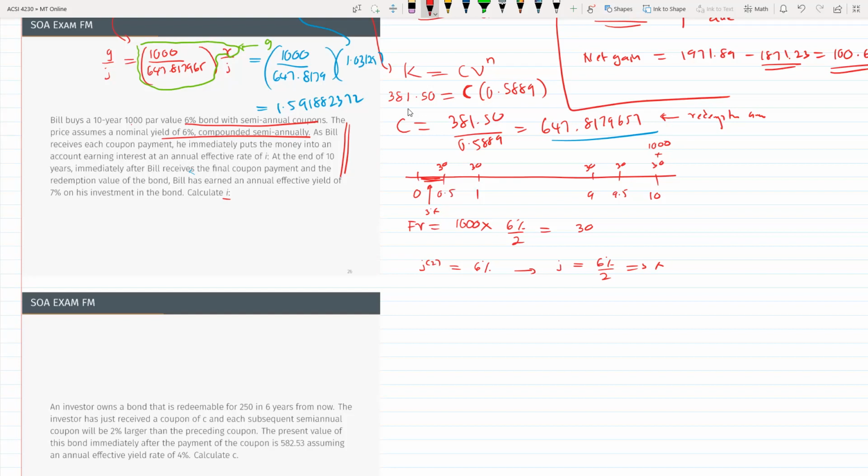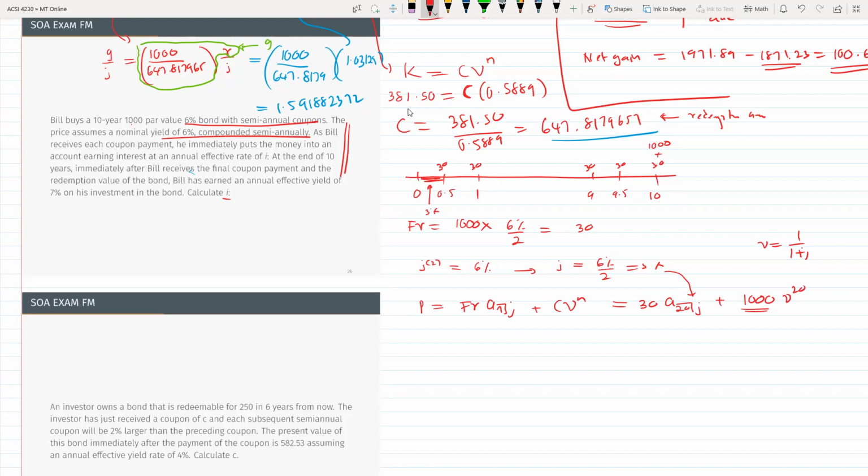What's the price of the bond? This would be F·ra_{n|j} plus Cv^n. In this case, this would be 30. There are 20 payments. Rate J, which is 3% right here. C is 1,000. v to the 20, v is 1 over 1 plus J, which is 3%. And C is 1,000.